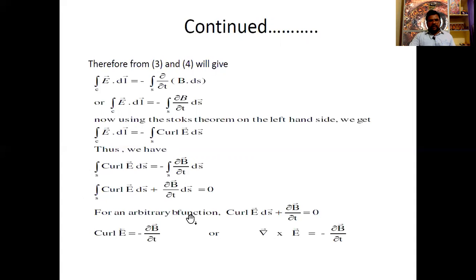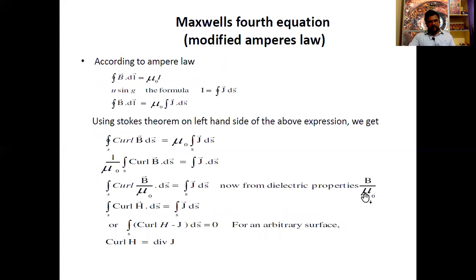That means for an arbitrary surface, curl of E bar plus dou B by dou t is equal to 0. So this can be written as curl of E bar is equal to minus dou B bar by dou t, or del bar cross E bar is equal to minus dou B by dou t. So this is the third Maxwell's electromagnetic equation.